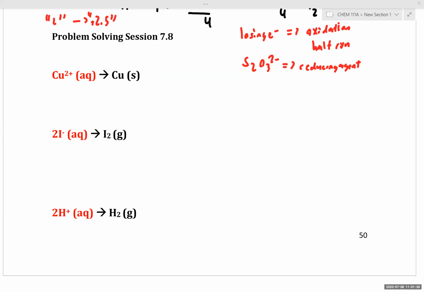Once you've assigned whether the reaction is an oxidation or reduction half reaction, I'd like you to identify the number of electrons gained or lost in each reaction.